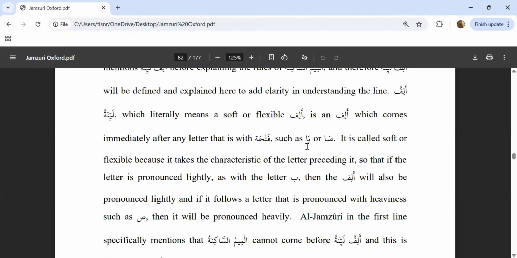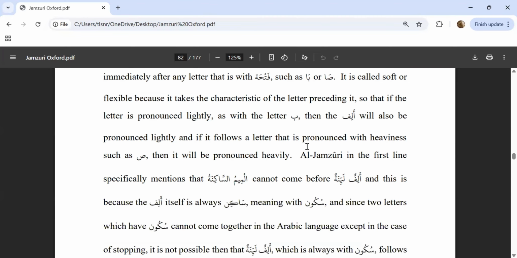And we call it soft or flexible because it takes on the characteristic of the letter preceding it. So if a letter is pronounced lightly, as with the letter ba, then the alif will be brought forth lightly. And if it's preceded by a letter that is pronounced with heaviness, such as sod, for example, then the alif itself is also pronounced heavily.